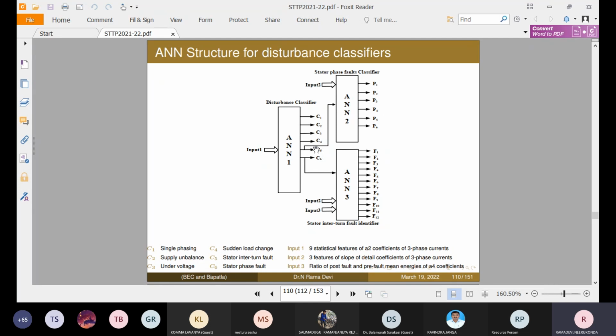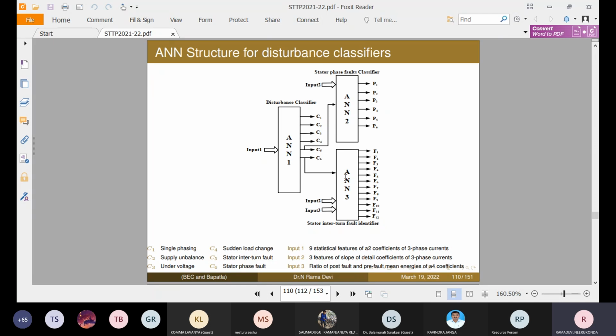Whenever the fault is a stator interturn or stator phase fault, we require another classifier. Again, the stator phase faults are of 12 types. R2Y, Y2B, B2R, so that is one group.